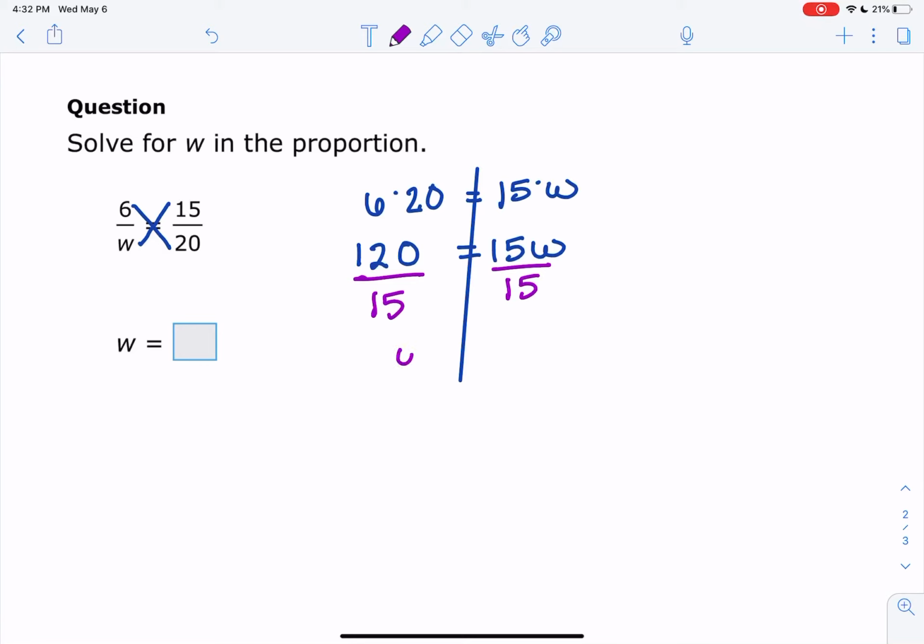I get 8. And 15 divided by 15 is just 1. So I get 1W, or W equals 8. And what I forgot to mention last time is 8 equals W and W equals 8. It's the same thing, okay? I can switch the order.